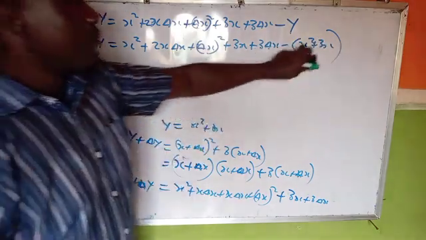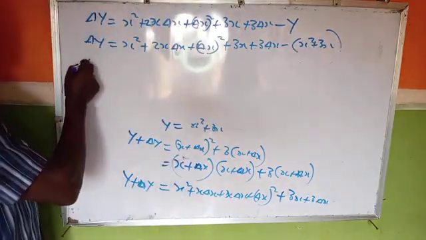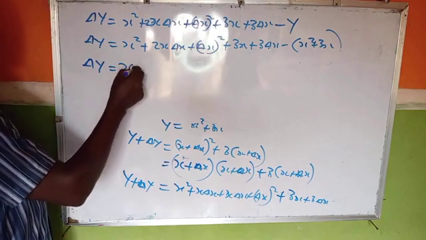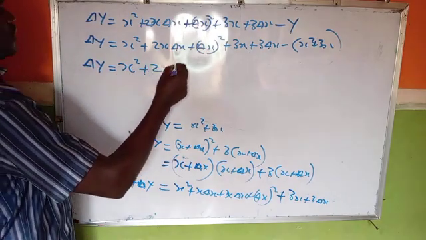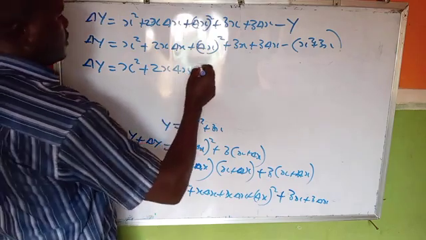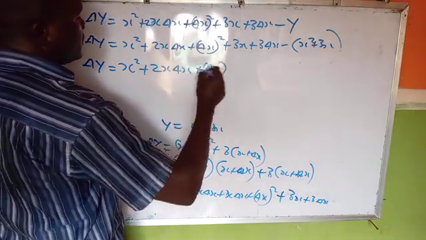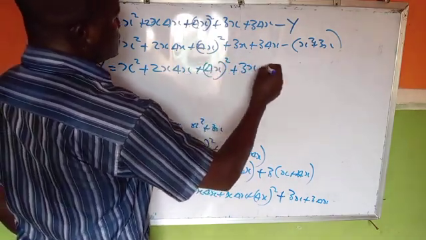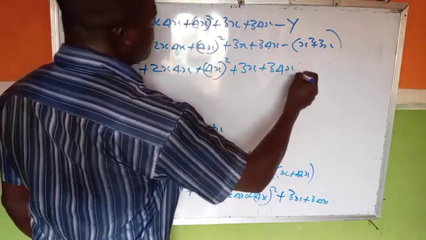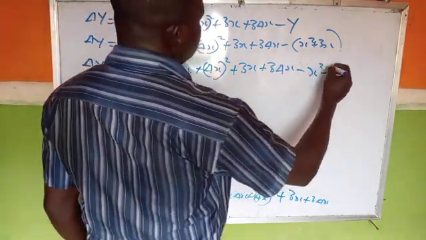If you open the bracket, you have change in y equals x squared plus 2x change in x plus change in x squared plus 3x plus 3 change in x minus x squared minus 3x.